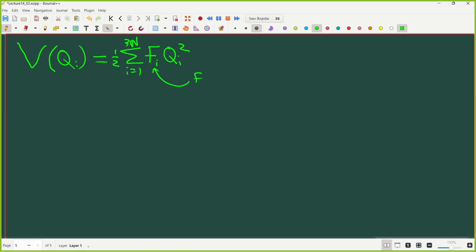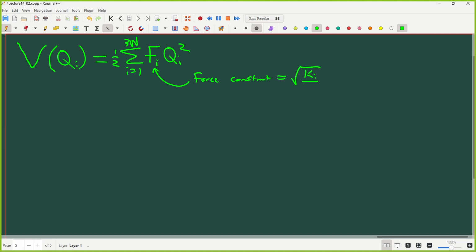Right, this is the force constant, it's our stiffness. There's going to be a force constant associated with it and a reduced mass associated with it. It's the same idea as our harmonic oscillator, our diatomic, but now we have 3n of them instead of just 1.